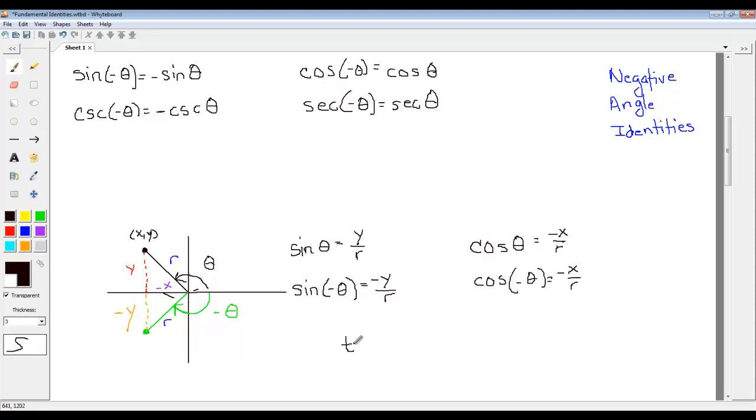And then we know that tangent of theta is sine of theta over cosine theta. So tangent of negative theta is sine of negative theta over cosine negative theta.